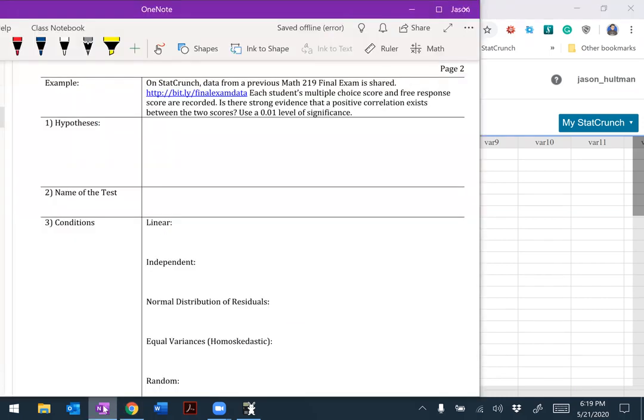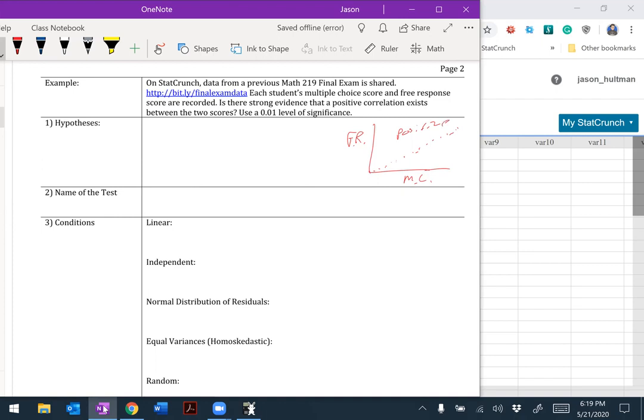Okay. So what's the hypothesis going to be? We want to know if there's strong evidence that if you did well on the multiple choice, then you did well on the free response. Is there a correlation there? Well, if I were to look at multiple choice versus free response, we would think that there would be a strong linear trend upward, a strong positive trend.